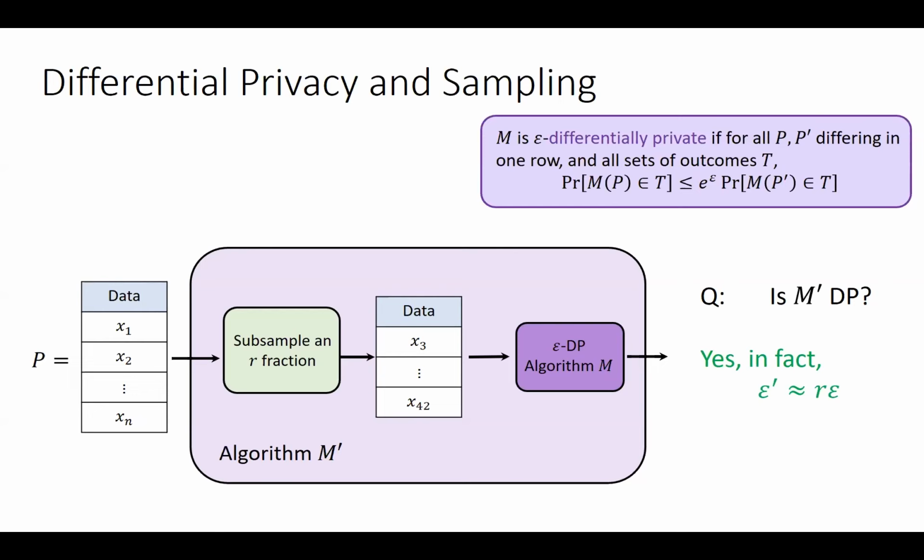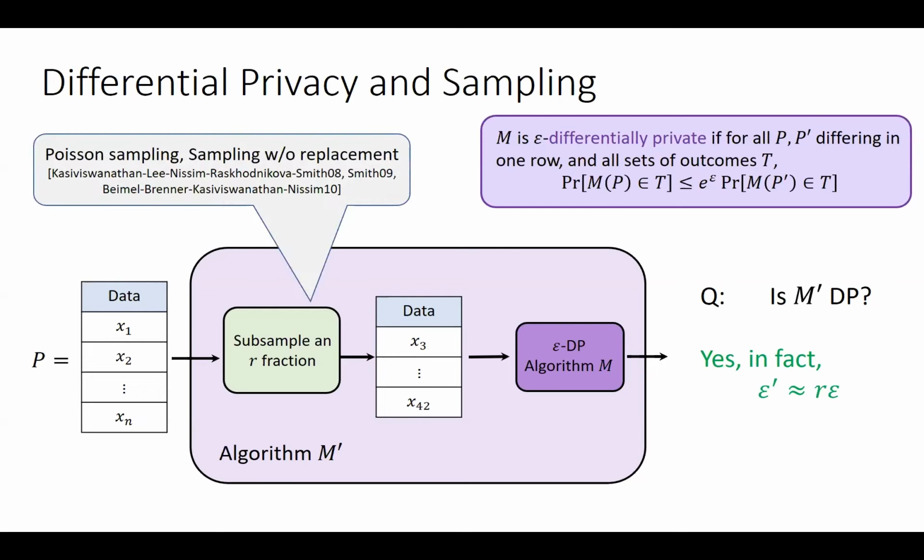Okay. So this was first observed in the setting of sampling roughly an R fraction via Poisson sampling, so sampling each record independently with probability R. Implicitly in this work of Kasiviswanathan et al., the phenomenon was later described in more generality in a blog post of Adam Smith and in some subsequent work on private learning by Bun et al.